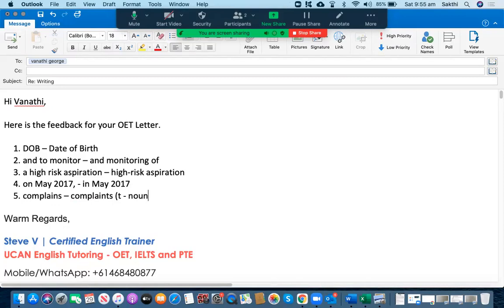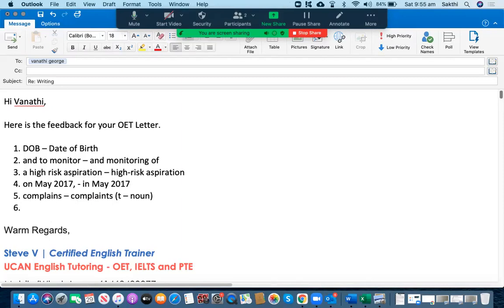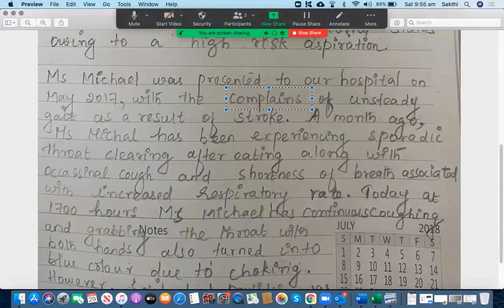Tea is a hot drink. It is a noun. So you should have placed T. When you write it without the T, then it's not a noun, it is a verb. Many people get confused in this case, but this is how you have to identify them and spell them correctly. Okay, let's go to the next one.